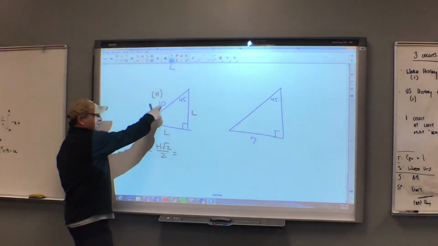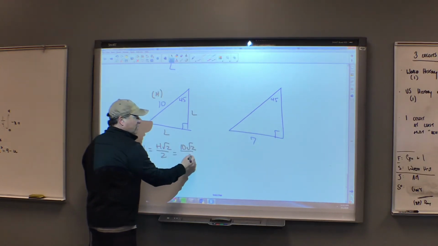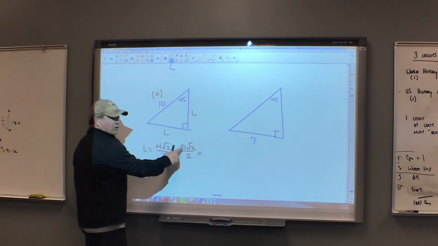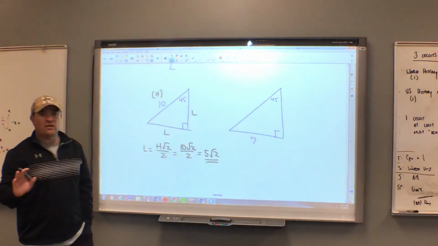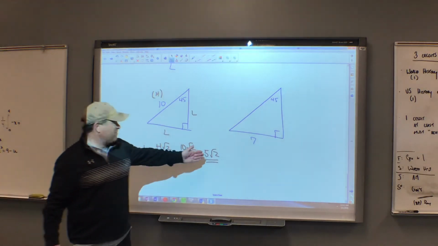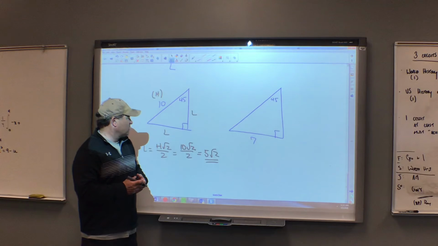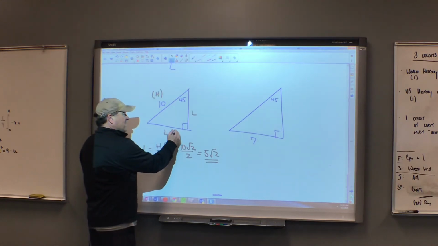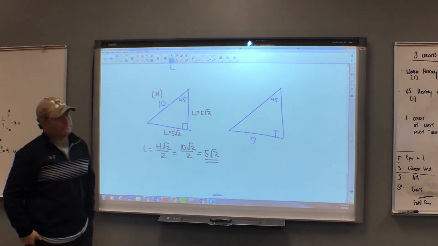Well, I know the hypotenuse is 10, so that 10 is going to drop in there. 10 root 2 divided by 2. 10 and 2 also seem to reduce, and we would go with 5 root 2 and leave it. Okay, and again, I didn't even talk to you about, hey, let's not simplify these radicals. Let's stay away from our calculators. All right, so that means this leg is 5 root 2. It also means that leg is 5 root 2.